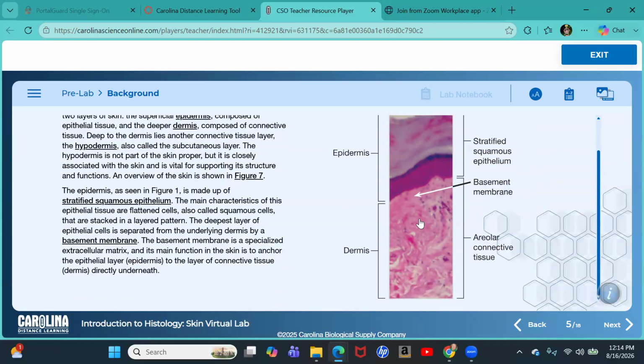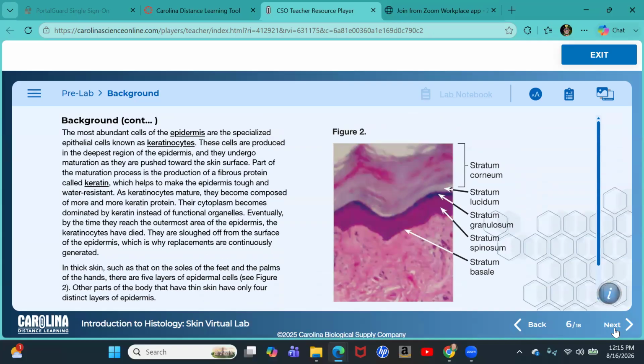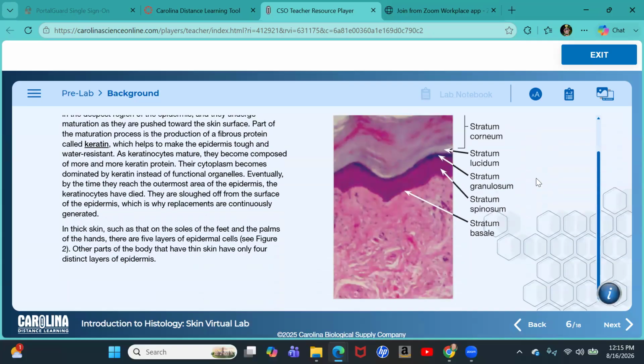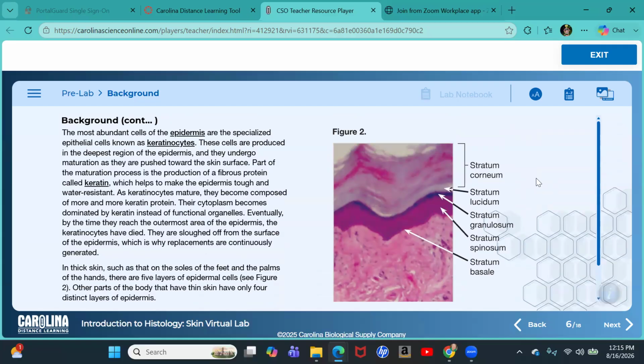Then you have your dermis layer, which we spoke about in our other video, that is composed of connective tissue and has your accessory organs in it, such as your sweat glands, your nerve endings, your vasculature, and so forth.